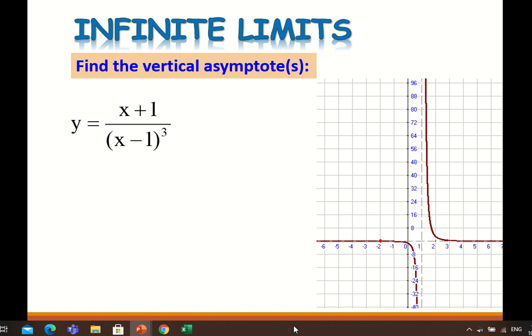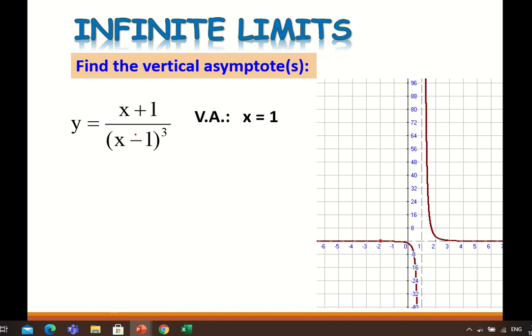Now, next two slides, we have finding here the vertical asymptotes. If you're given this kind of expression or function, y equal to x plus 1 divided by quantity x minus 1, then cube. Okay, so how to solve for the vertical asymptote? So just look at the value of x that can make the denominator equal to 0. So in this case, we have x equal to 1.